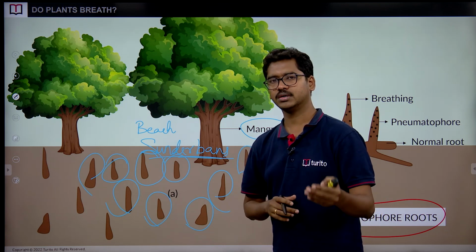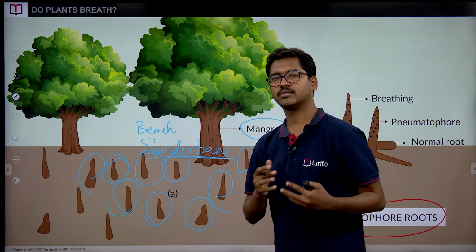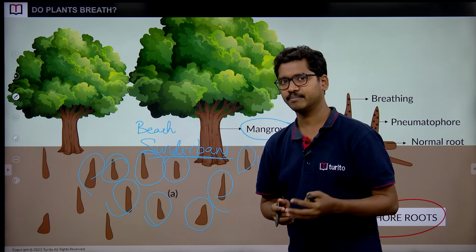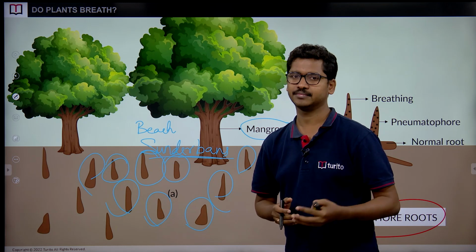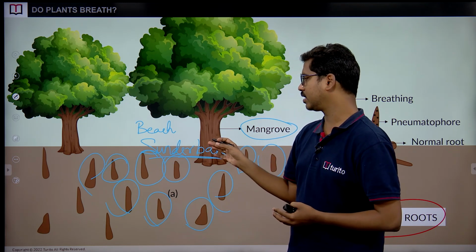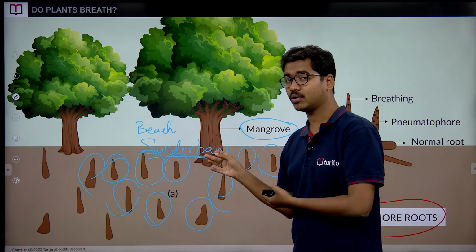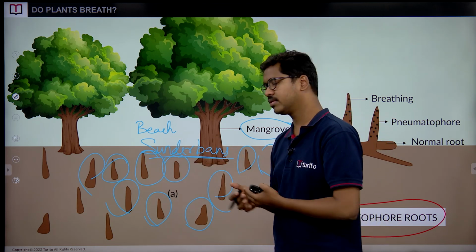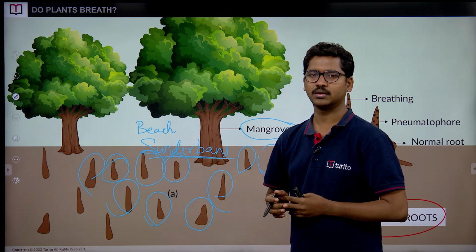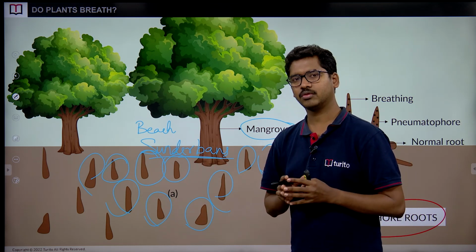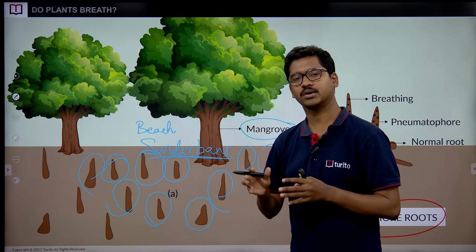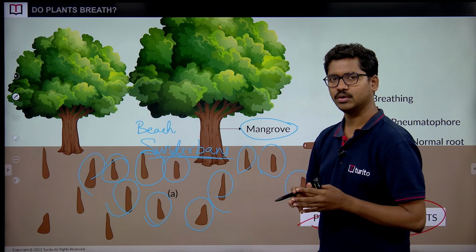Now, you might have heard that when plants get excess water, they die, isn't it? But here the case is a bit different, because they are able to survive even though it is salt water. When we say sea or beach, that is salt water obviously, right. They are able to survive here. But the terrestrial plants, for example, these days we have floods in parts of the country because of the monsoons.